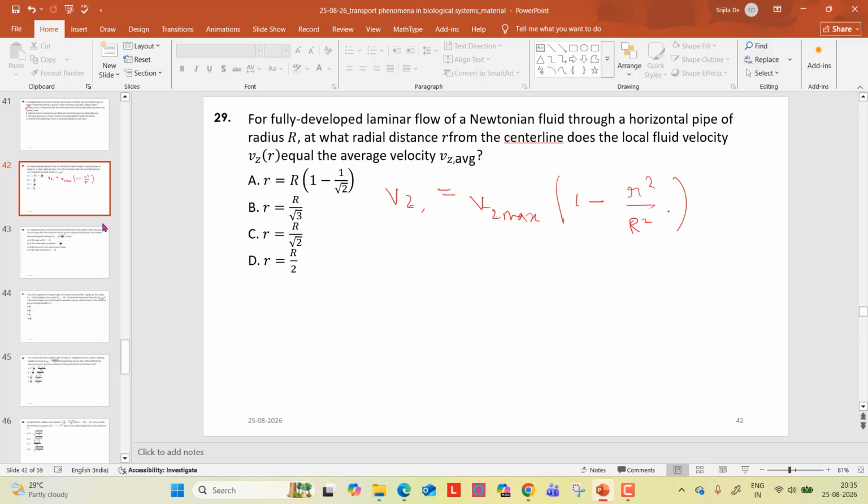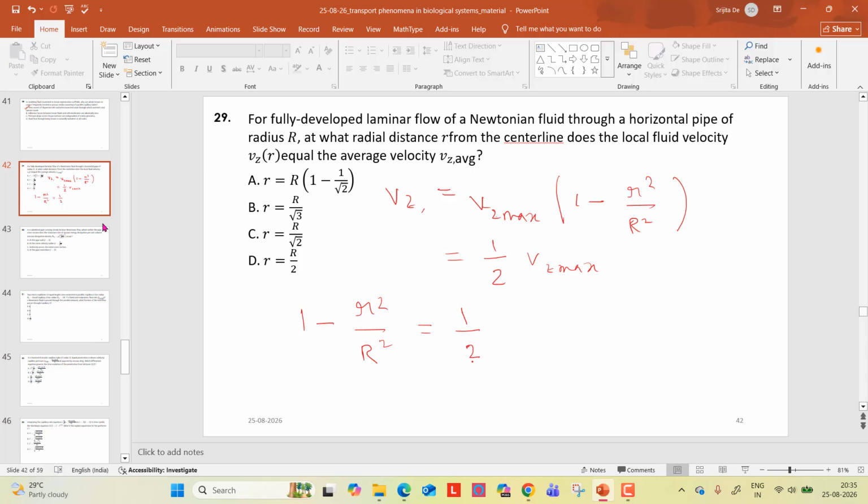So it is said that at what radial distance r from the center line the local fluid velocity is equal to the average velocity. The average velocity expression also we know, right? Average velocity expression is half Vz max. So if you equate these two, what will come? It will be 1 minus r square by capital R square equals half, right?